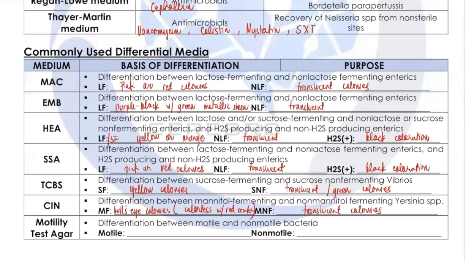And lastly, we have our motility test agar. Since this is a motility test agar, always take note that it has to be a semi-solid media. It is used for the differentiation of motile and non-motile bacteria. We know the organism is motile if there is growth away from the line of inoculation.